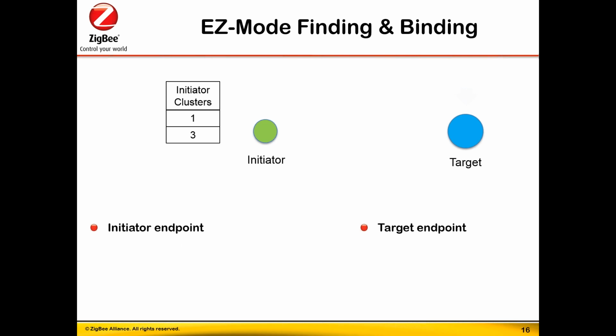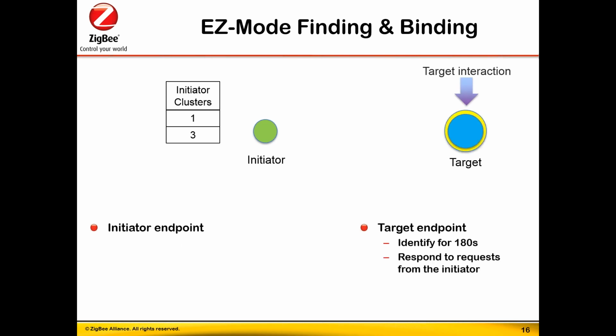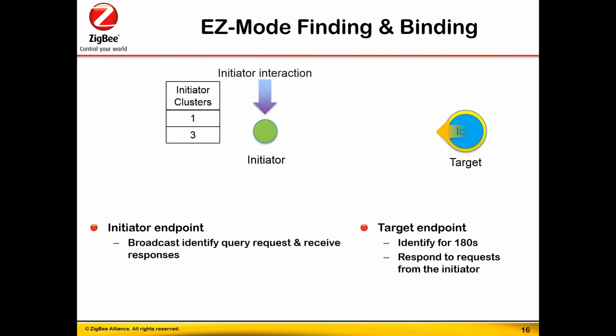And then we do the same sort of thing that we did for network steering. So in the next step, we have some user interaction on the target device. And what that does is it causes the target to identify itself in whatever mechanism it could do. So it could be an LED that flashes, or if you've got a light source, you could flash the light, for example. And the next step, we do the same thing on the initiator.